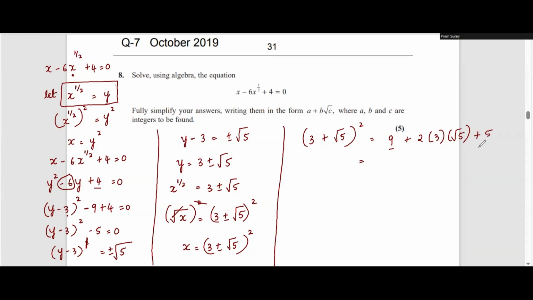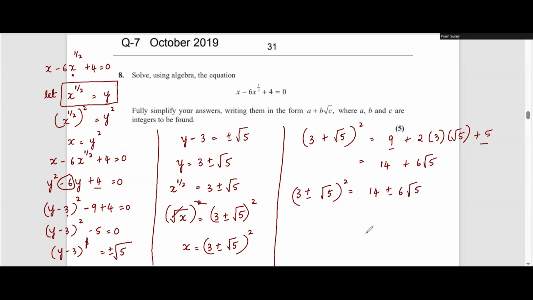This is basically 9 plus 5 is 14, plus 2 into 3 is 6, 6 root 5. So now 3 plus or minus root 5, the whole square can be written as 14 plus or minus 6 root 5.